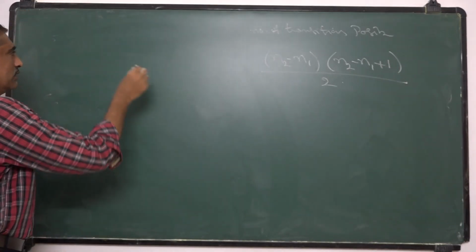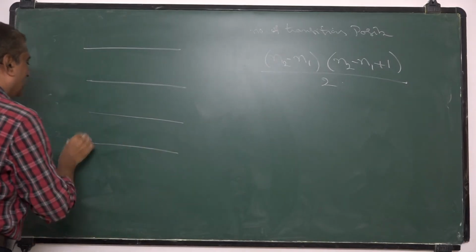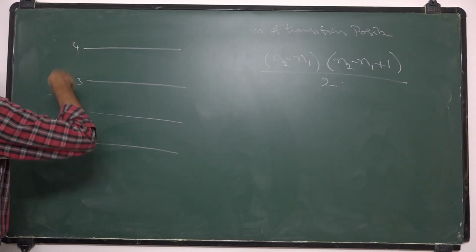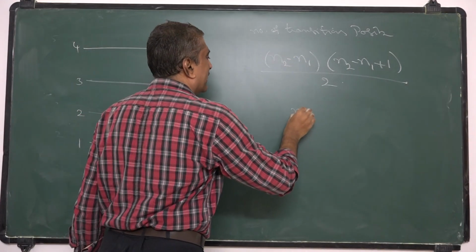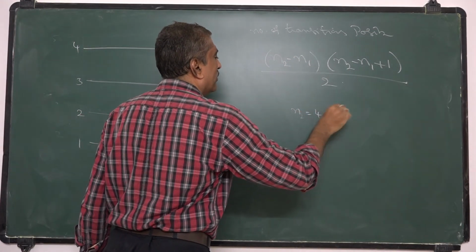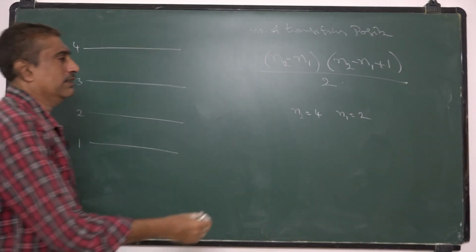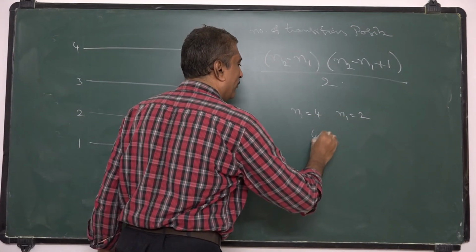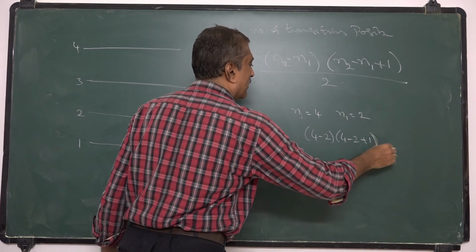One more simple example. Four states like this: 1, 2, 3, 4. Now if it de-excites from the fourth state to the second state, n2 is 4, n1 is 2. In that case, how many possibilities are there? 4 minus 2 into 4 minus 2 plus 1 by 2.